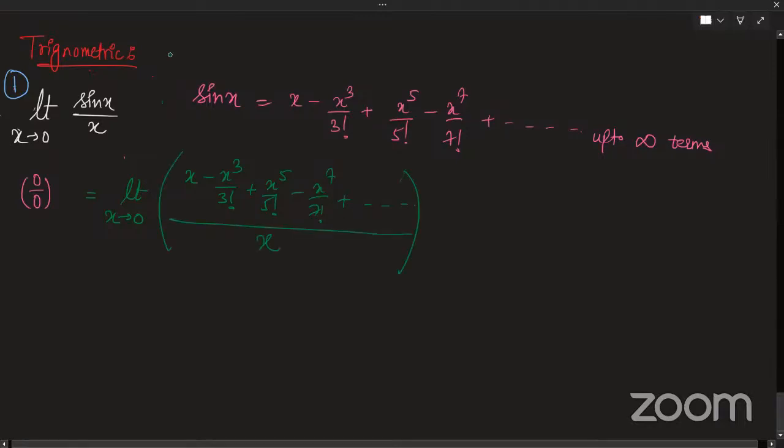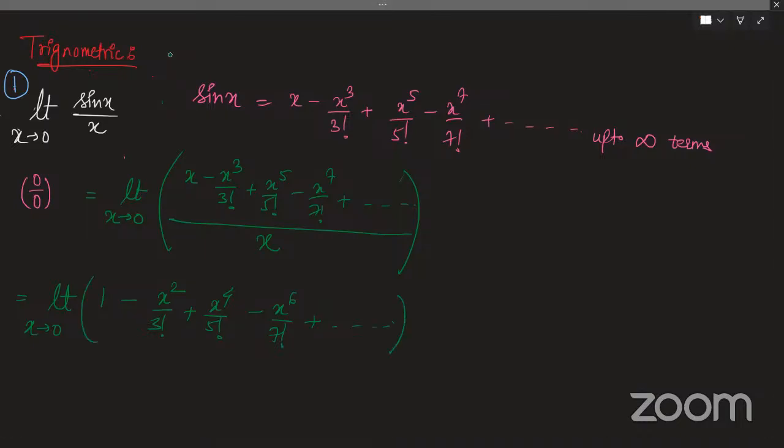The x from numerator and denominator cancels out. So it is 1 minus x square by 3 factorial plus x raised to 4 by 5 factorial minus x raised to 6 by 7 factorial and so on up to infinite terms.